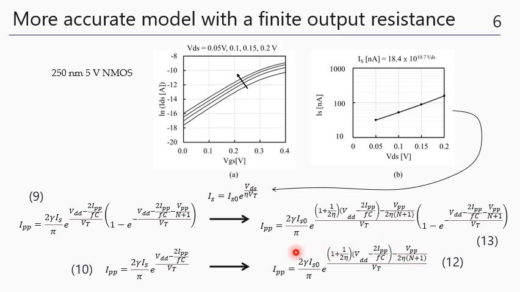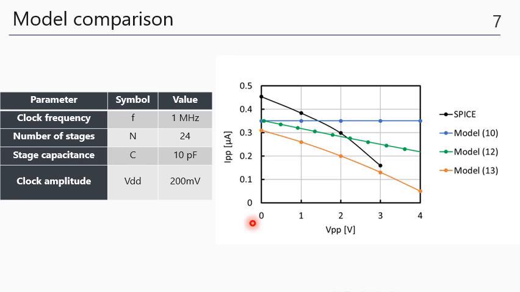At this point, the right hand side of the IPP versus VPP relationship incurs the VPP term through VDS. Then basically we have the three model equations 10, 12, 13, and here's the VPP-IPP relationship.